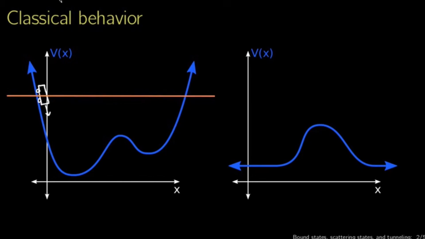So we have effectively an allowed region here. The cart will never be found at higher potentials here or higher potentials here. So our allowed region covers the region between these two points, which are called turning points, since that's where the cart turns around.